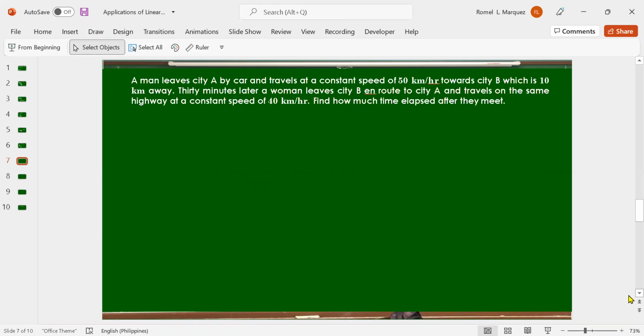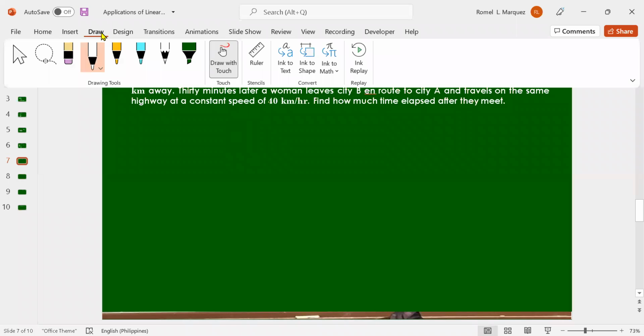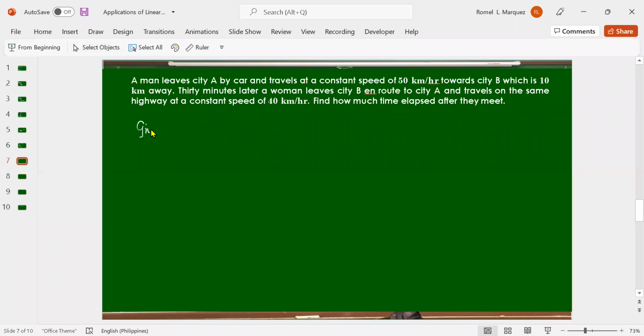What about this one? A man leaves city A, this time this is a distance or motion problem, no? A man leaves city A by car and travels at a constant speed of 50 kilometers per hour towards city B, which is 10 kilometers away.